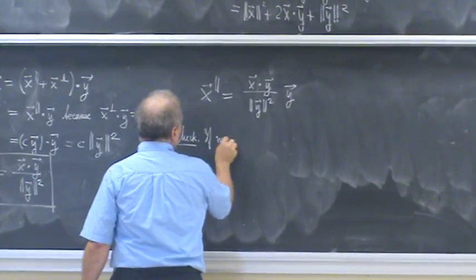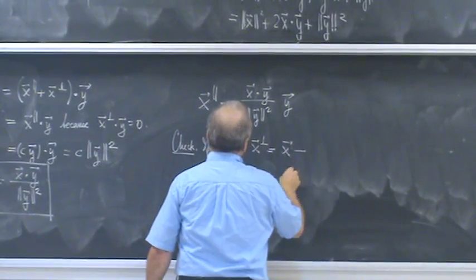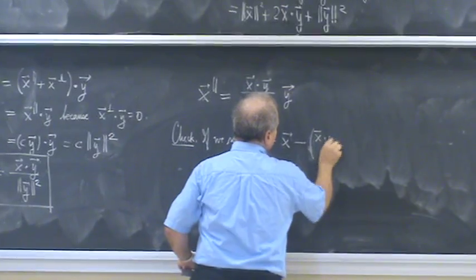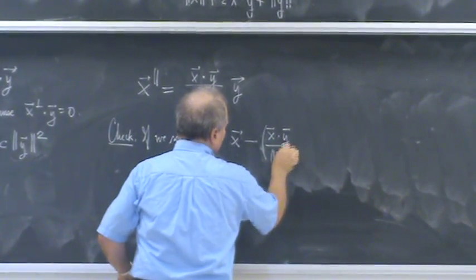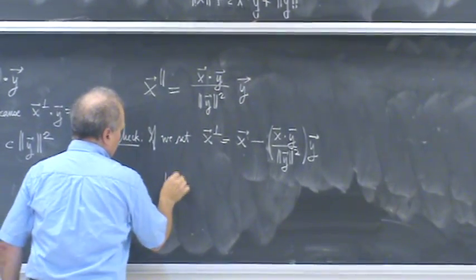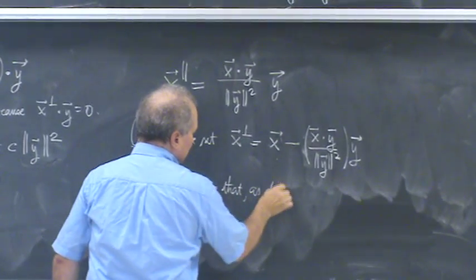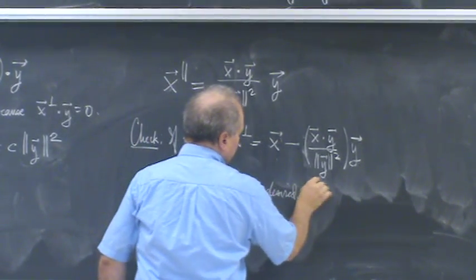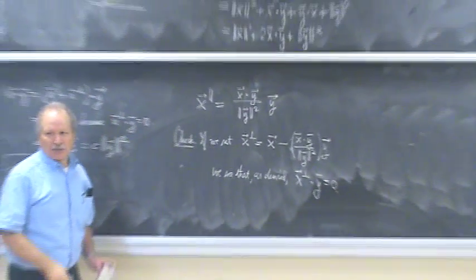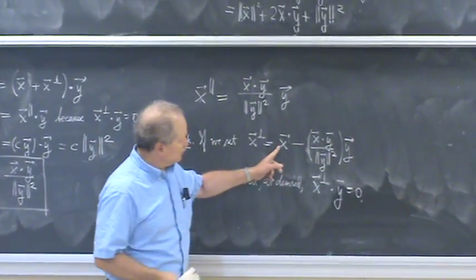If we set x perp to be x minus this formula, we see that, as desired, x perp dotted with y is 0. I won't write it out, but I'll talk you through it. If you dot this with y, what happens?